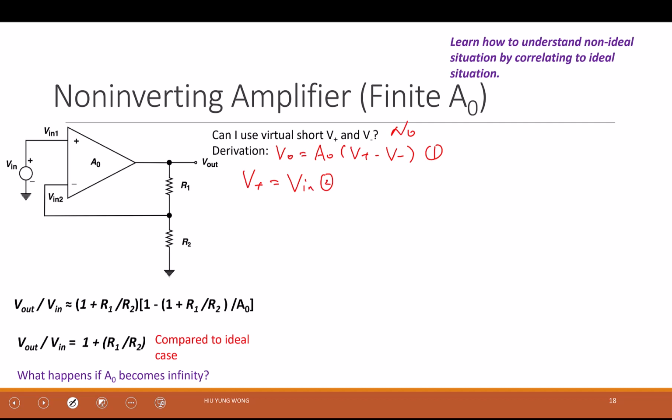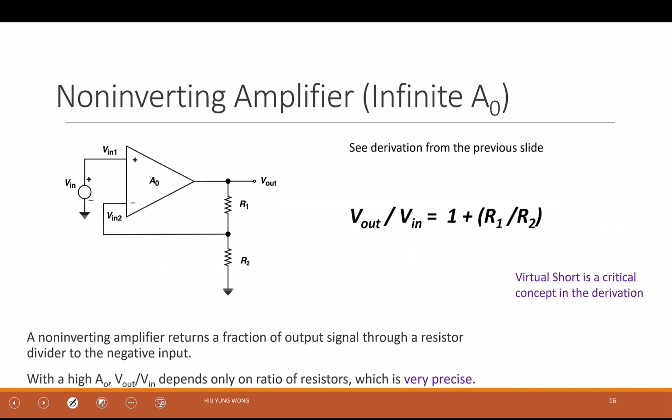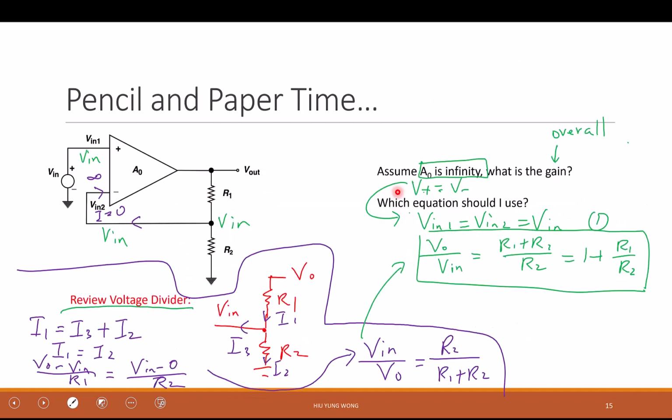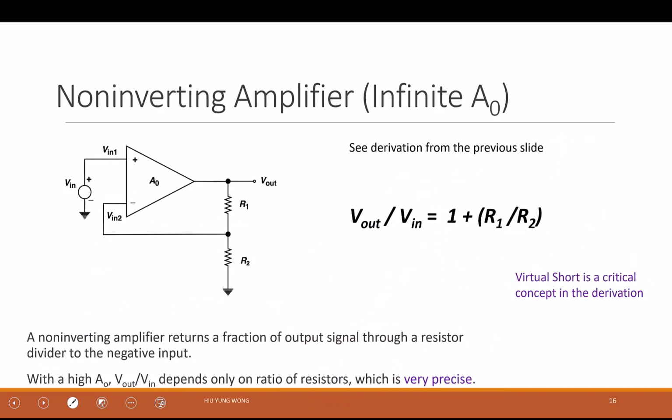Another equation that I know is V minus is equal to the potential divider effect, right? Again, it's exactly the same as this one. Although the gain is not infinity, the input impedance is still infinity, right? So I still know that this must be equal to this. Still have the potential divider effect.